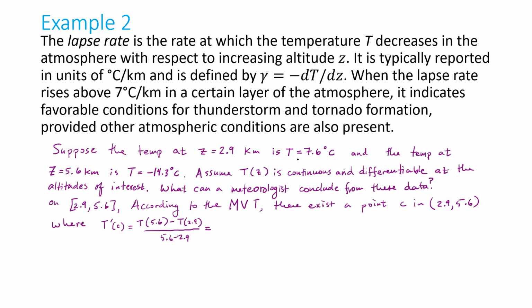We said the temperature at 5.6 was negative 14.3, minus the temperature at 2.9 was 7.6. And let's just see quickly what that evaluates to.